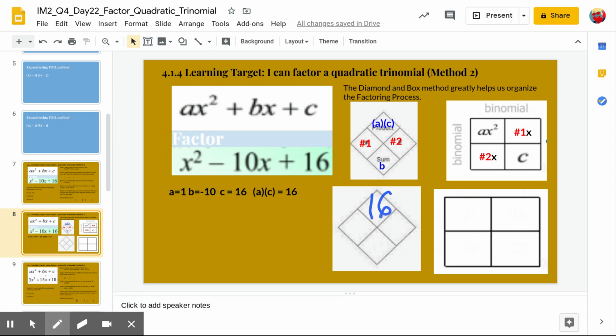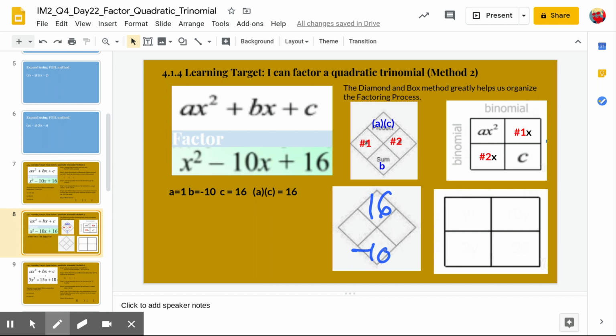All right. Then the sum is going to be the b value. In this case, my b value is negative 10. So that is my negative 10. So now the way the diamond works is we need two numbers that when you multiply those numbers, you get 16. And when you add them, you get negative 10.